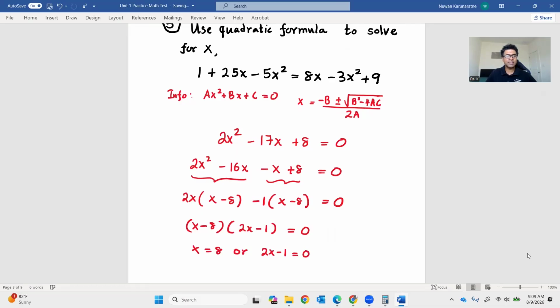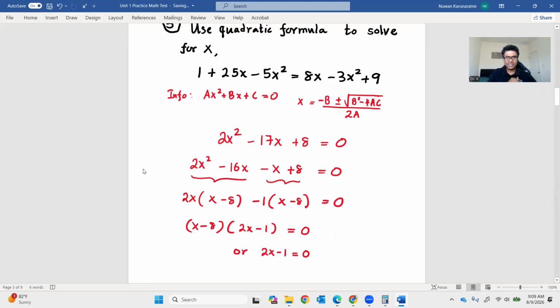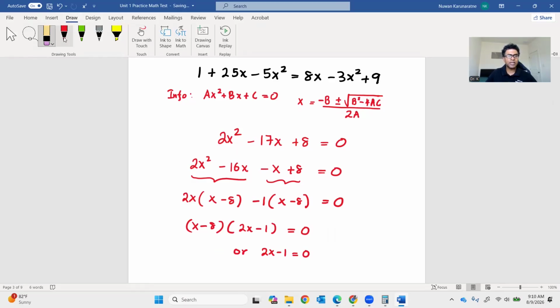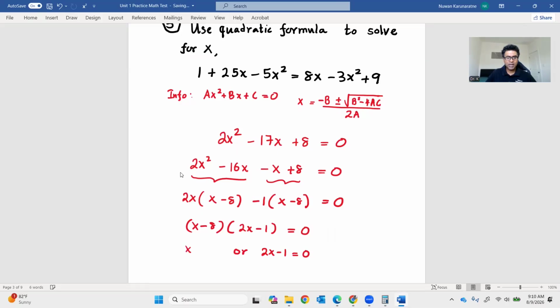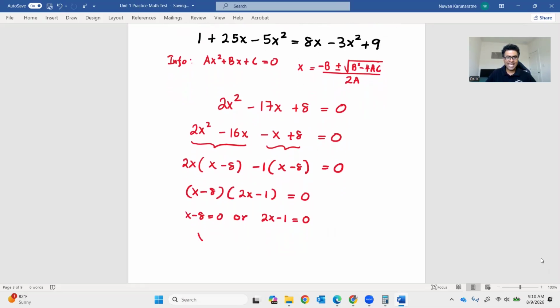I'll write it more clearly: the equation becomes 0 when x minus 8 equals 0, or 2x minus 1 equals 0. So that means x is equal to 8, or x is equal to 1/2.